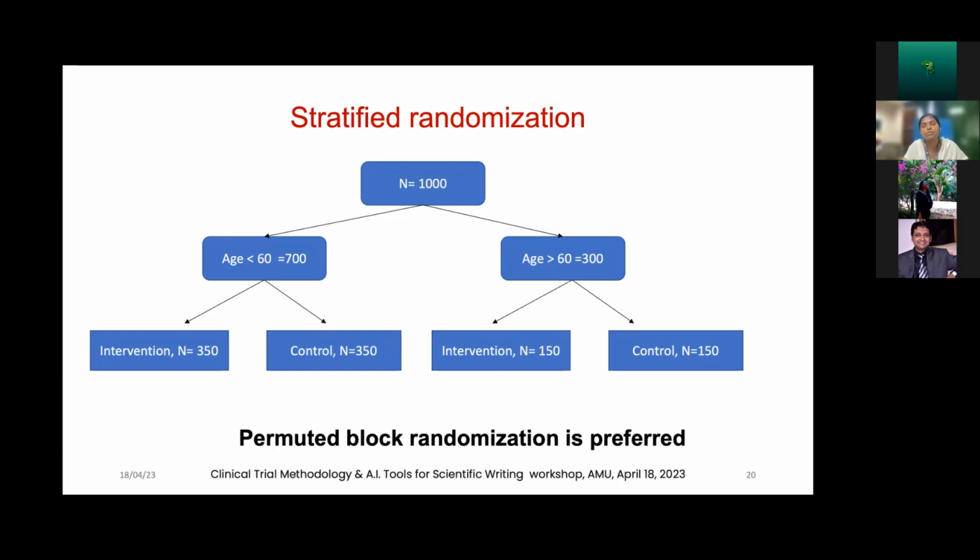Similarly here, based on the prognostic factors, while patients keep accruing, you note how many are below 60 and how many are above 60. Between both arms, if this is tilted, the computer will assign in such a way that the group with less representation has a higher probability, either 60% or 75%, of the next participant being assigned to the other arm. That is covariate adaptive or minimization technique, where multiple prognostic factors are balanced.